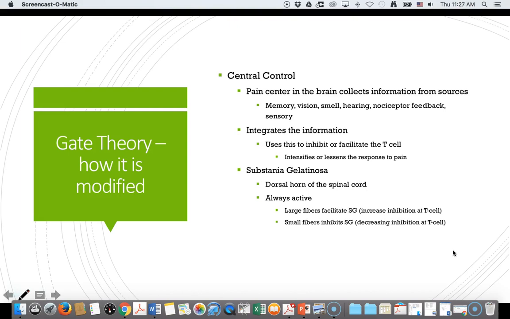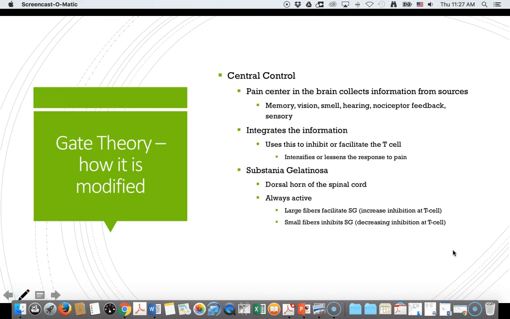And this is the fact that in your brain, in the somatosensory and the sensory cortex, the pain center in your brain collects information from sources, from your memory, from vision, from smell, from your hearing, from your sight, from that nociceptive feedback. So the stimulation, and is it A delta, is it C fibers, how often does it happen?